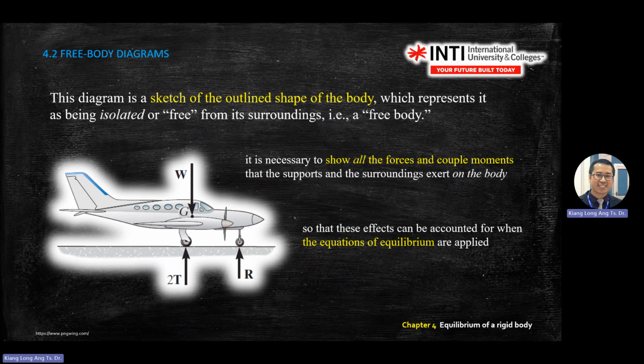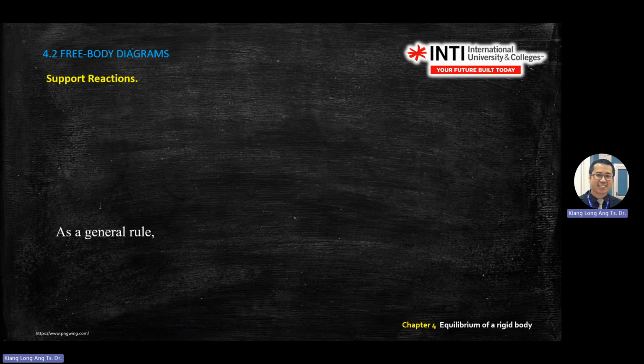Then if the question asks for the reaction force for one of the wheels behind, you need to divide by 2 in your answer. So be careful when the question gives you a lot of information. You need to give detail in your free body diagram.